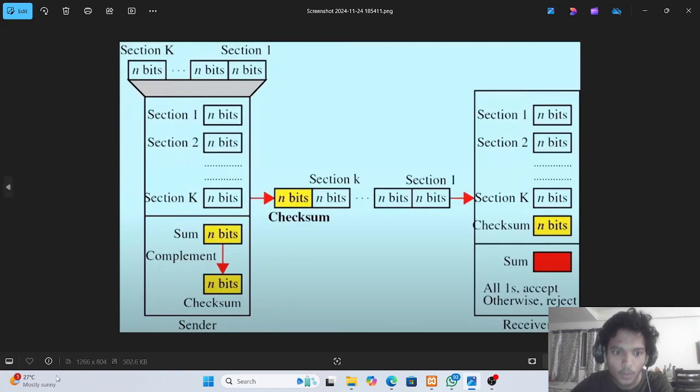Once we have the checksum, we send it to the receiver. The receiver does the opposite of what the sender does. It gets the n bits of whatever is sent, sums them, and has one final output. Once the receiver makes sure that there are no errors from the sender side, it will accept the data.